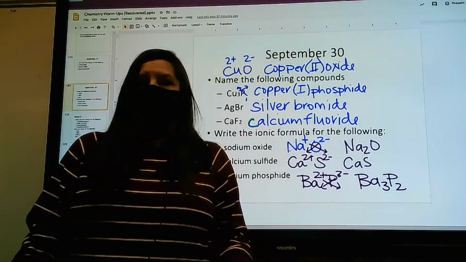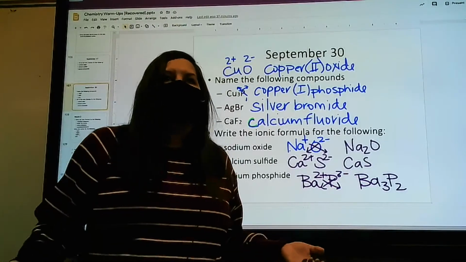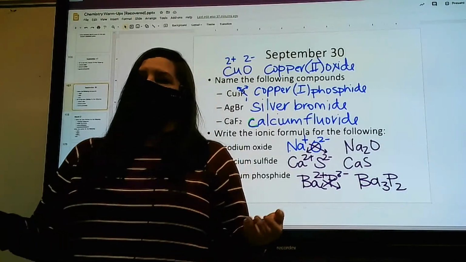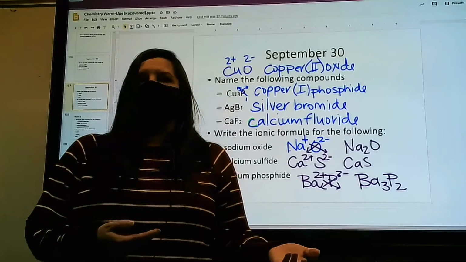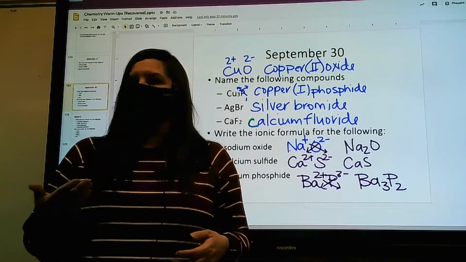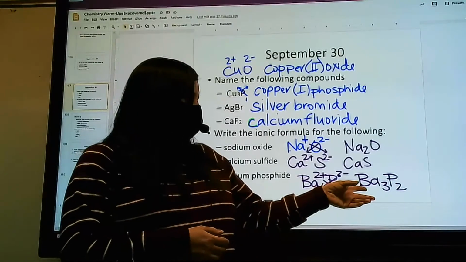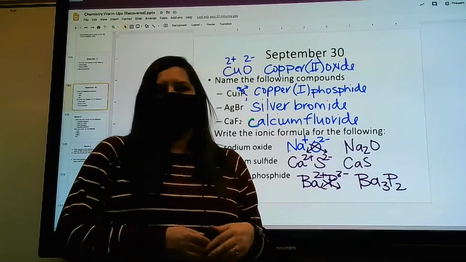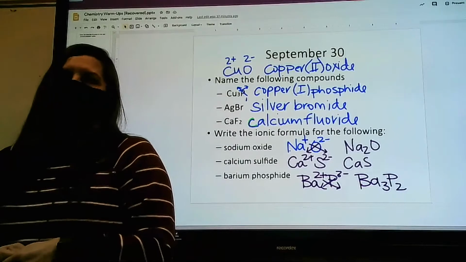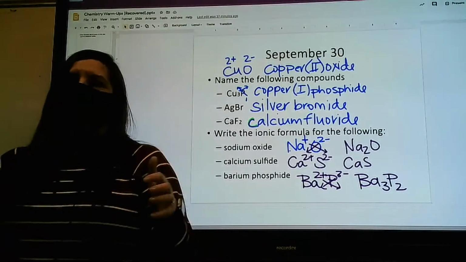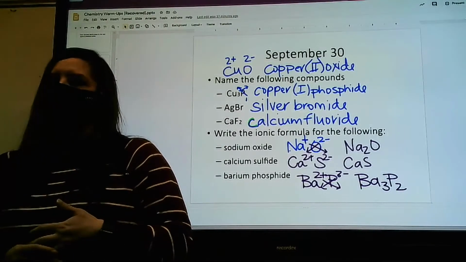Like use the periodic table. You're given it every single time. Don't guess what sodium's symbol was, because most of you will guess that it's S, and it is in fact not S, it's Na. Okay, so we always want to make sure we capitalize that first letter, lowercase is the second one if it has it. And yeah, just make sure you follow those rules when you're writing formulas.